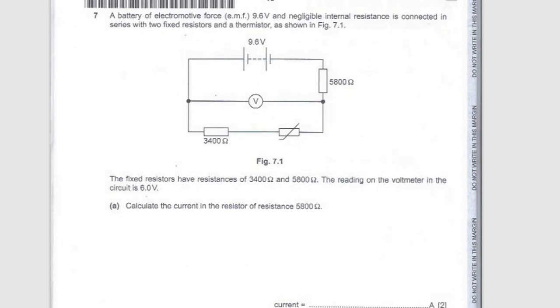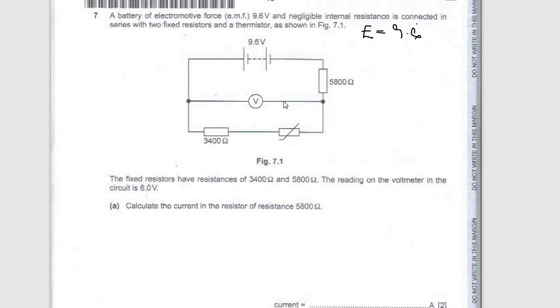And number 7, a battery of electromotive force, EMF, 9.6 volts. The EMF at the source of voltage is 9.6 volts. Negligible internal resistance, so no need of considering internal resistance. It's connected in series to two fixed resistors and a thermistor as shown.